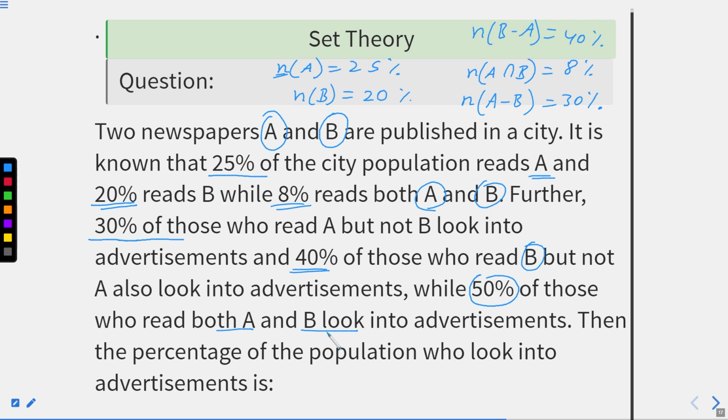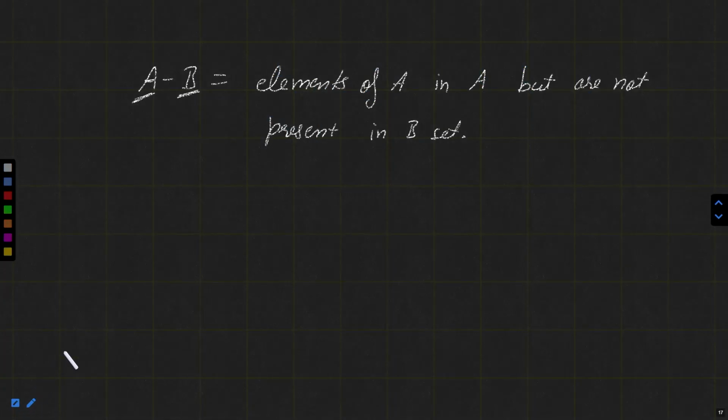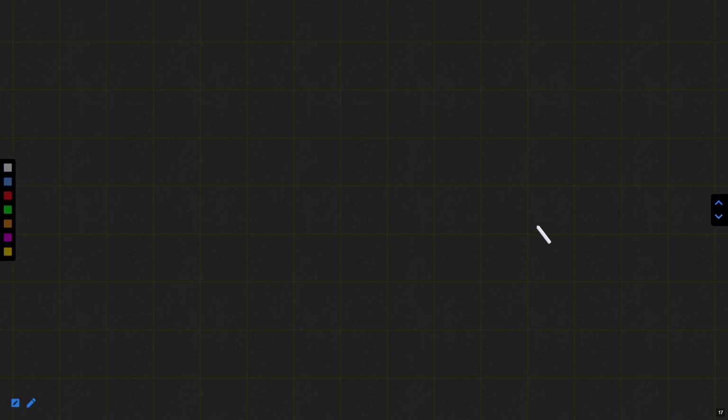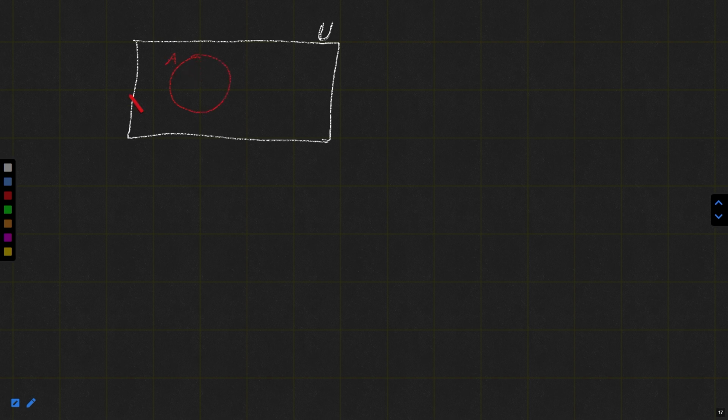Now let's draw a Venn diagram to understand the question better. First of all, start with the universal set U. Then the A newspaper and the B newspaper.